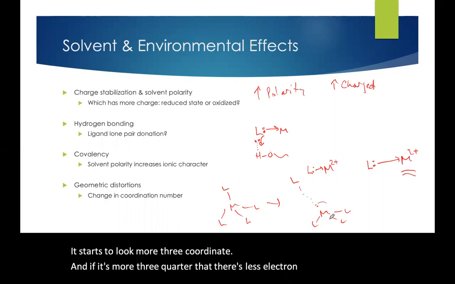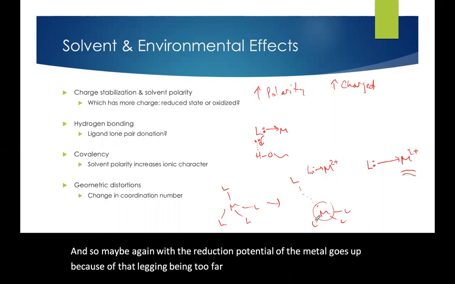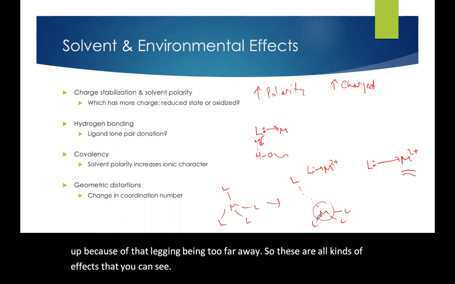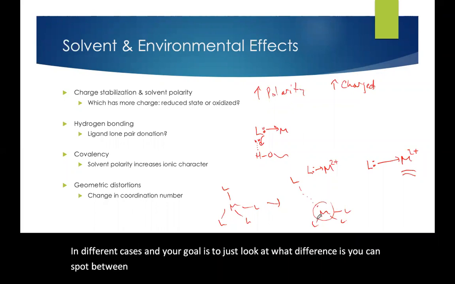And so maybe, again, the reduction potential of the metal goes up because of that ligand being too far away. Right? So these are all kinds of effects that you can see in different cases. And your goal is to just look at what differences you can spot between different pairs of complexes and see whether you can identify what is the origin of that difference based on these effects.